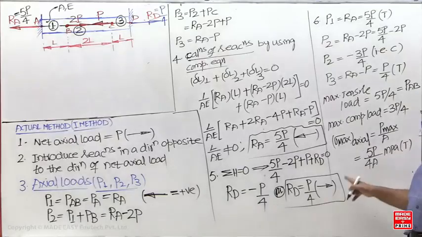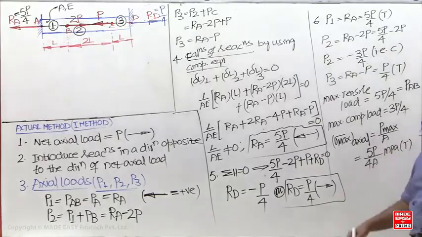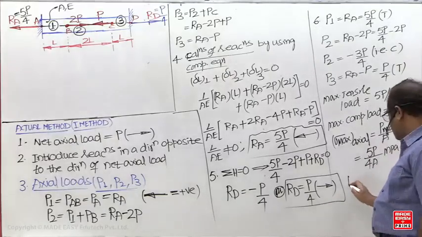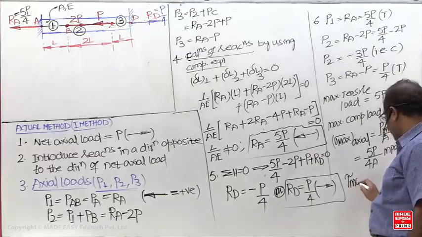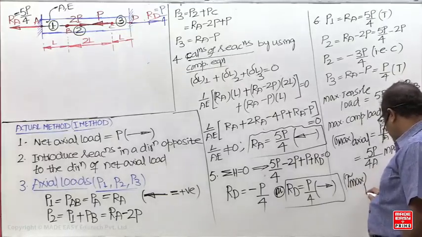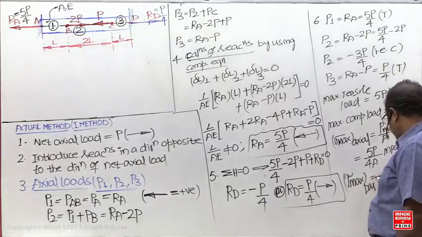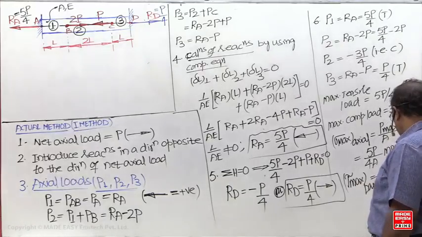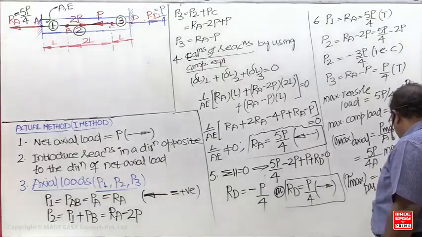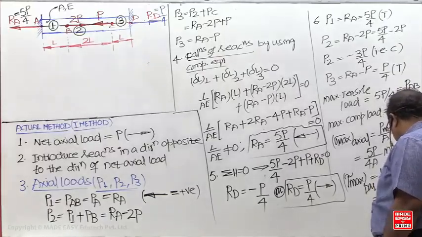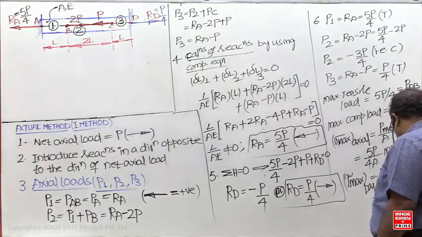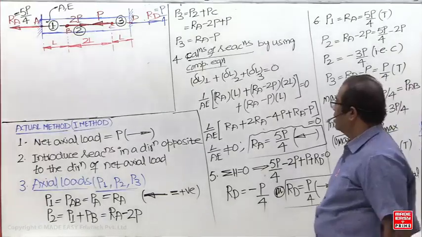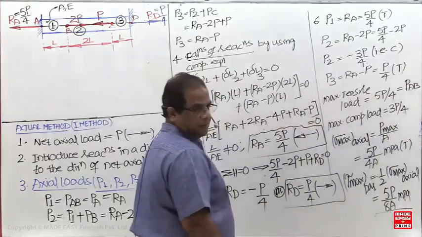If you ask the maximum shear stress in the bar, you have to take half of this one, five P by 8A.